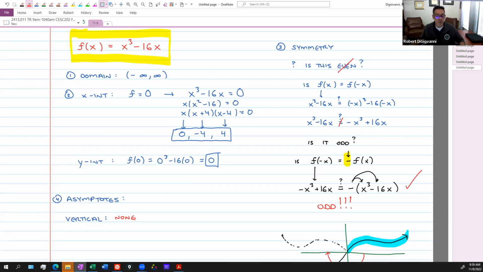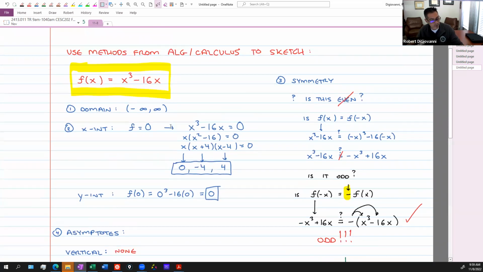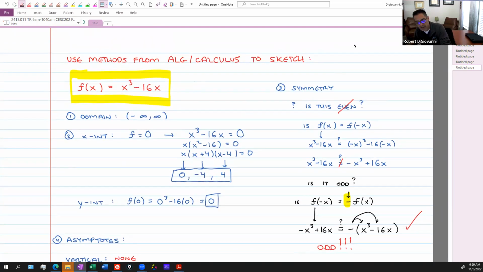But you could have another problem, like I'll just show you a real quick example here in the corner. Let's say I had this function f of x equals 3 plus x over x minus 4. This would have a vertical asymptote at x equals 4. Why?